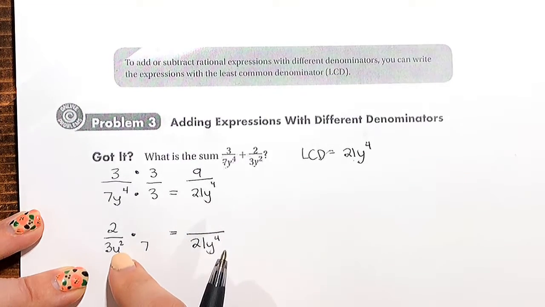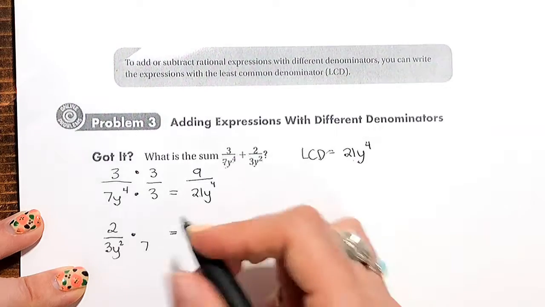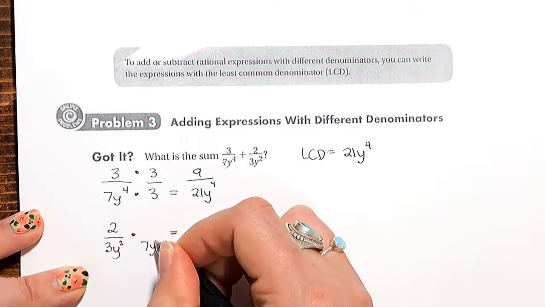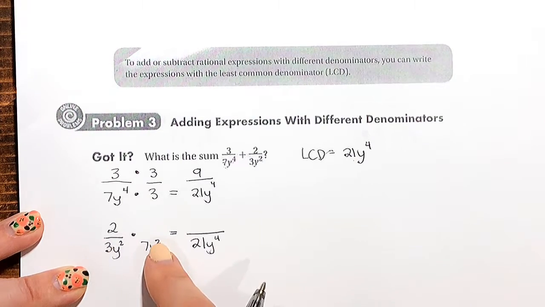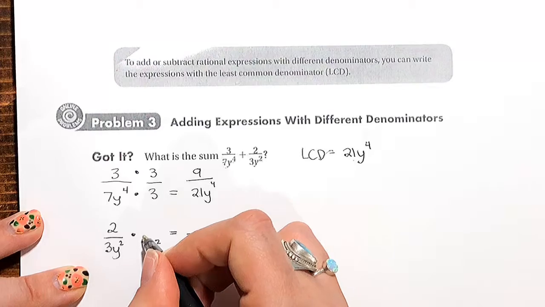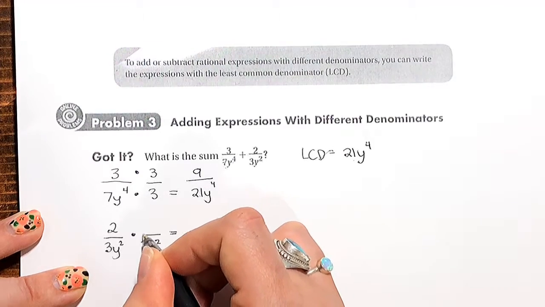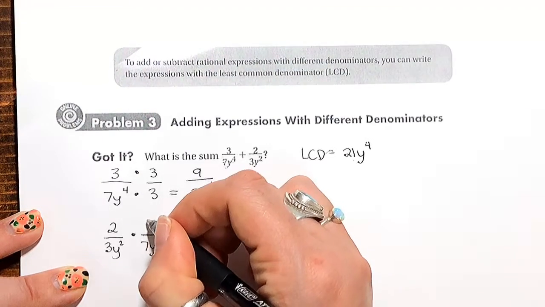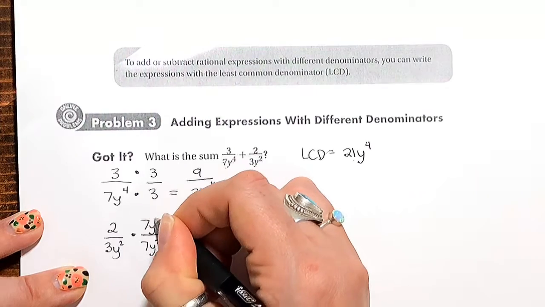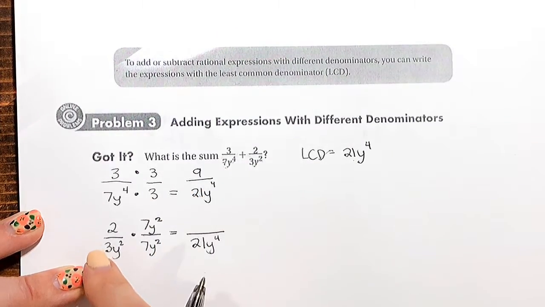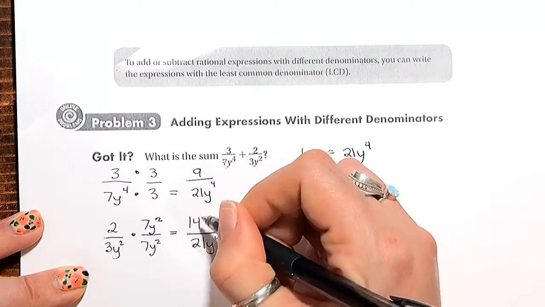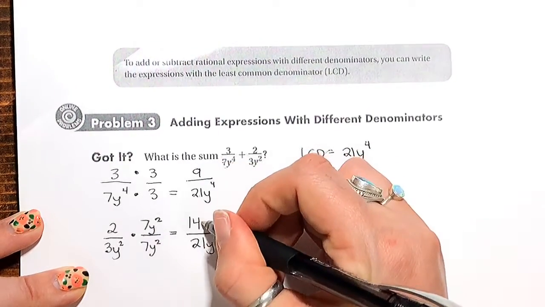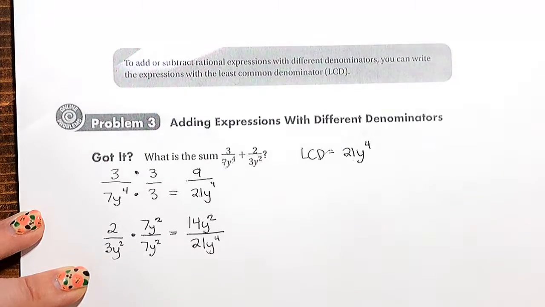And then y squared to turn into a y to the 4th, I need to times it by another y squared, so that when I have these exponents, remember we add them when multiplying, so 2 plus 2 is 4. But just like on the previous fraction, whatever we times the denominator by, I need to times the numerator by. So on the numerator, we're going to get 2 times 7, which is 14, and then times y squared. So we have 14y squared.